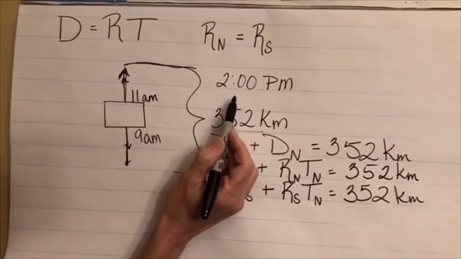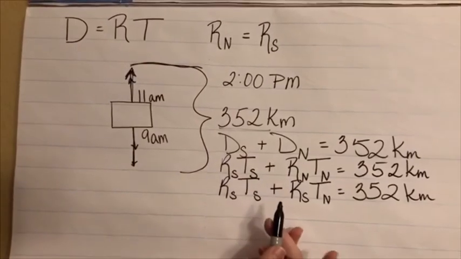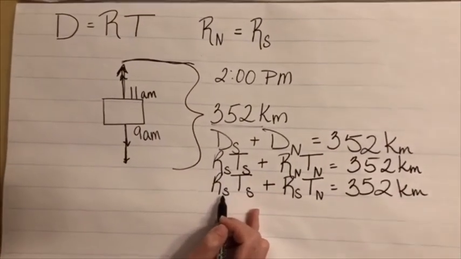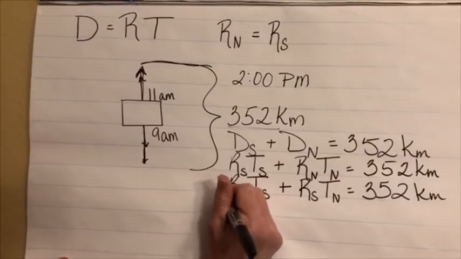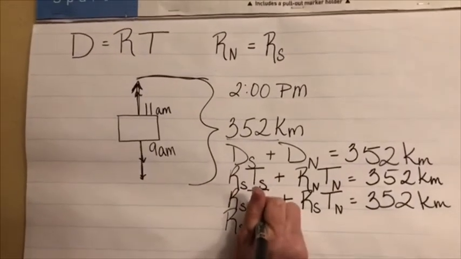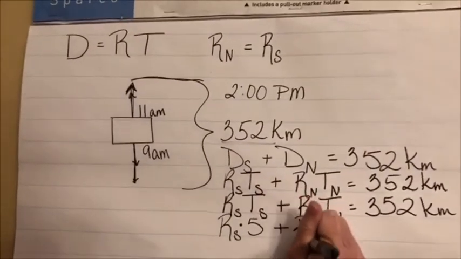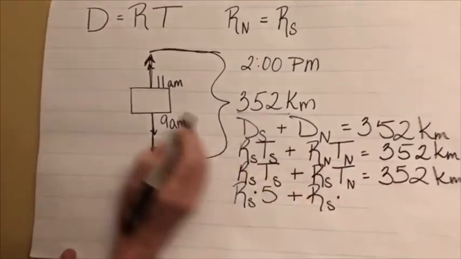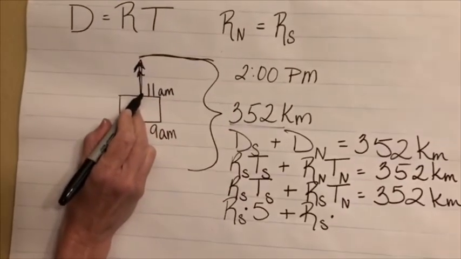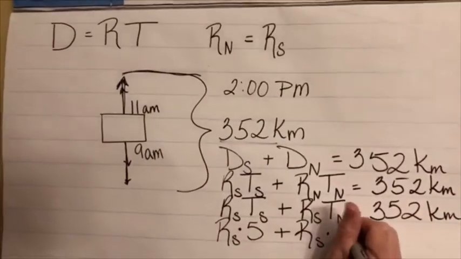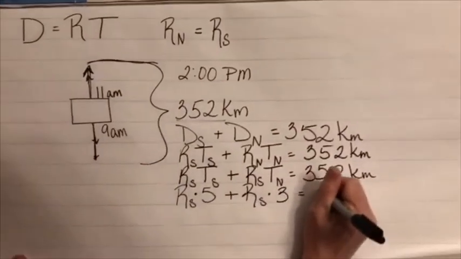So we calculate how many hours that is. That's 5 hours for that bus. So we have the rate of the southbound bus times 5 plus the other rate times the time for the northbound bus is 2 hours less. So it's going to be 3 equals 352.